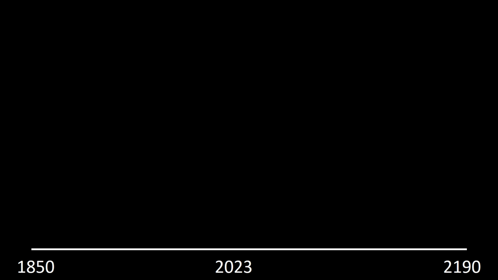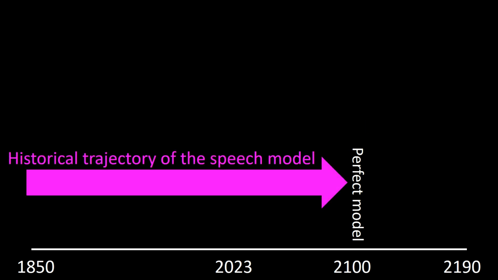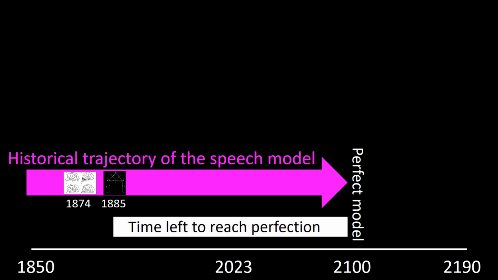Now, using our other superpower, the ability to tell the future, let us say that in 2100 we will build the perfect speech model. I have now added an arrow to imply the historical trajectory of the speech models. As you can see, Wernicke's speech models in 1874 and Lichtenstein's speech model in 1885 were quite far from the perfect model.